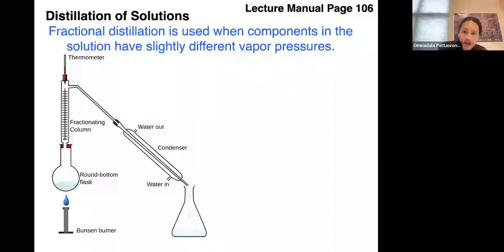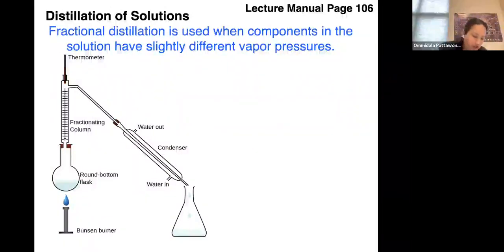For a solution that contains components that have slightly different vapor pressures, fractional distillation is used instead. Fractional distillation is similar to simple distillation. The only difference is that we introduce the fractional column. The fractional column helps separate components that have slightly different vapor pressures by extending the time for the gases to travel.